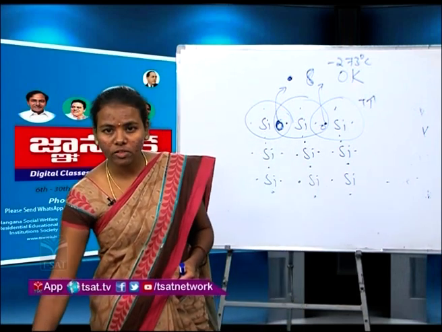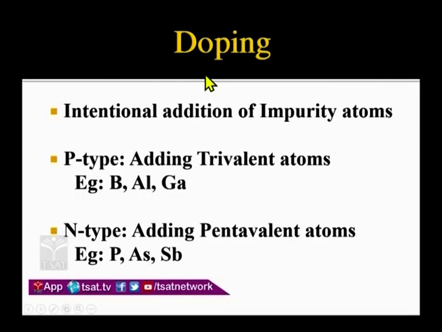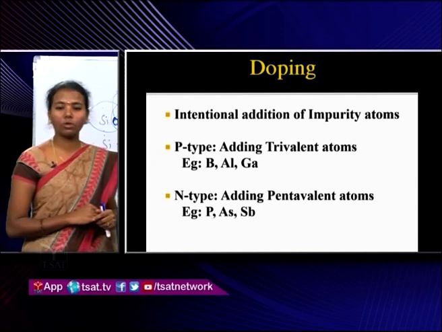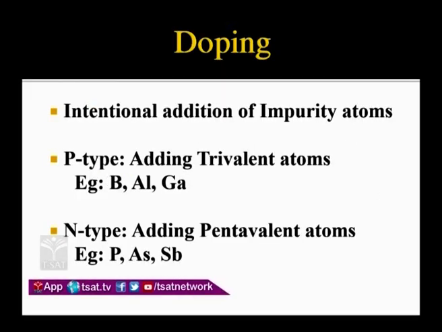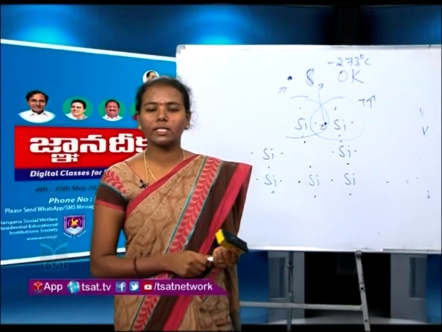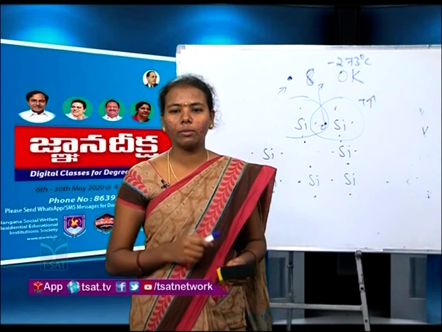So you add the impurity atoms intentionally to the pure semiconductor to improve its conductivity. What are the two different types of impurity atoms? We can add a trivalent atom, for example boron, aluminum, gallium.